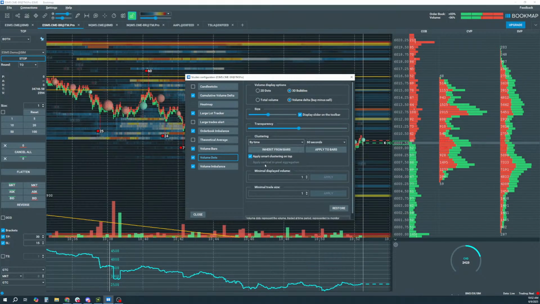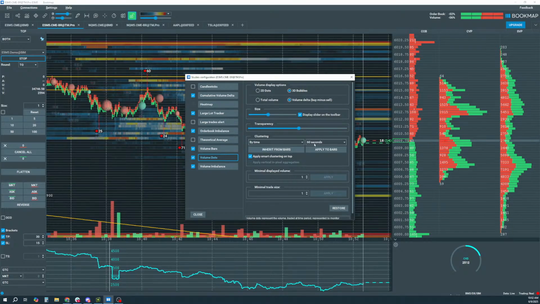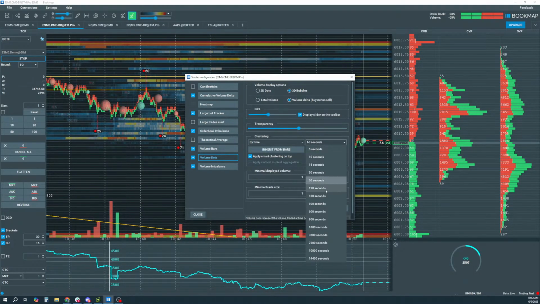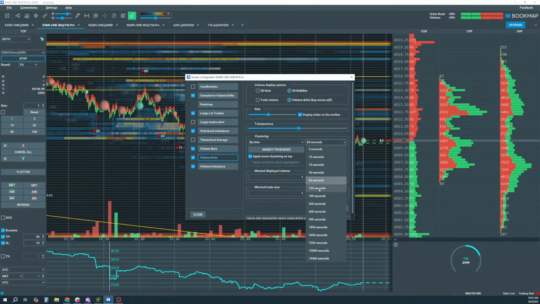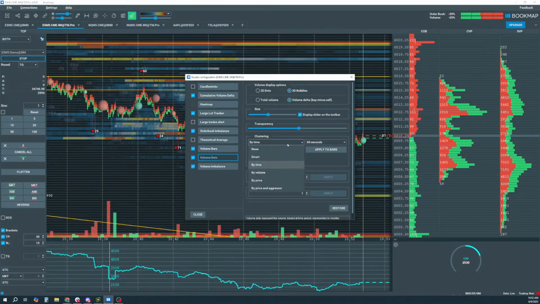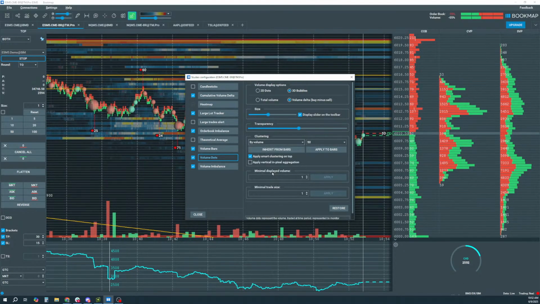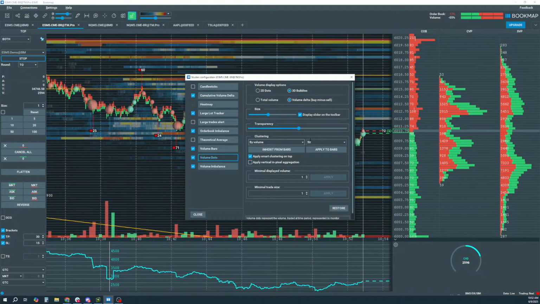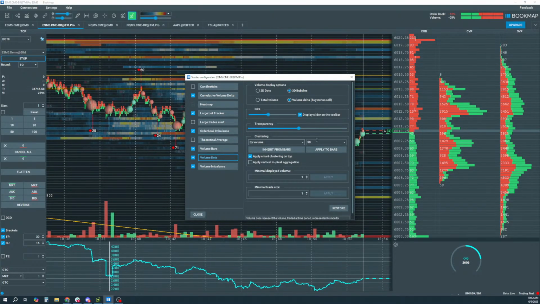You can put on time, like a specific time, say 60 seconds, and then cluster and show the cluster. You can make it however many seconds you want. Then there's also by volume, which is a nice one, like by 50, and then show me a dot once 50 have transacted.